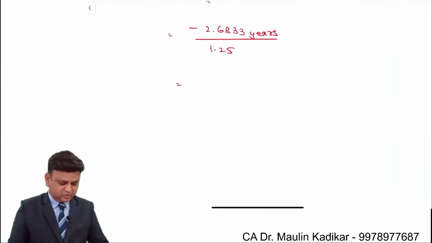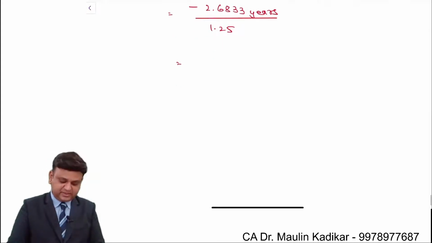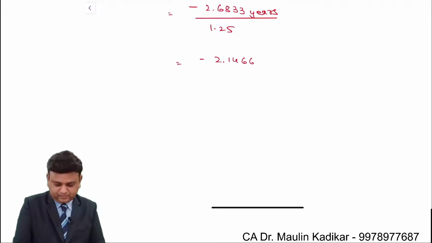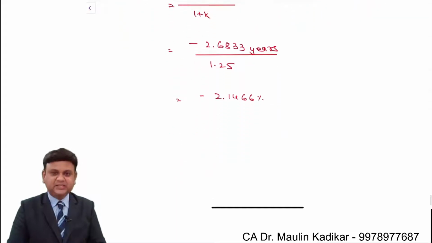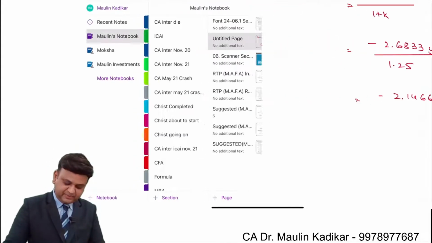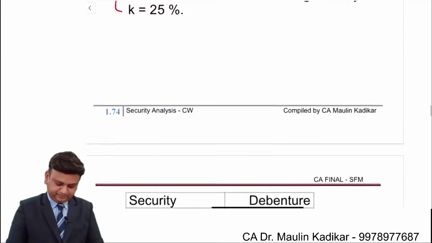And the answer comes to 2.6833 divided by 1.25, so 2.1466%. Please write an answer. So we understand that the volatility is indicating the percentage change in the price of the security for every 1% change in the cost of capital.